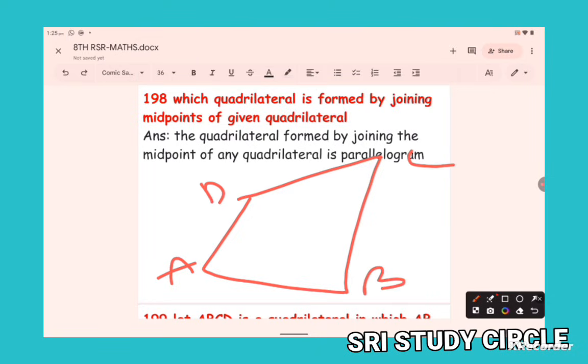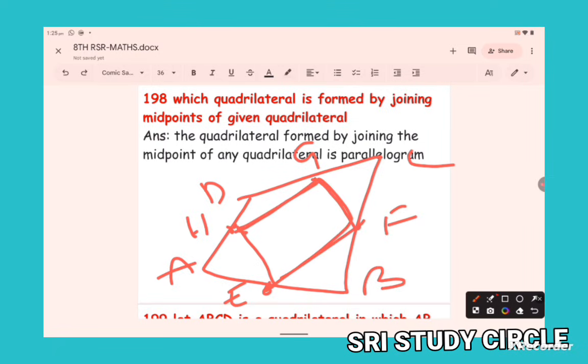Now joining midpoints of the sides: midpoint of AB is E, midpoint of BC is F, midpoint of CD is G, midpoint of AD is H. Joining these four midpoints forms a parallelogram.